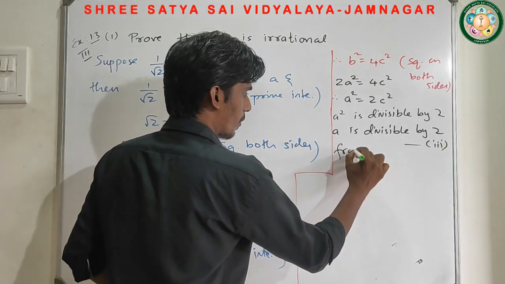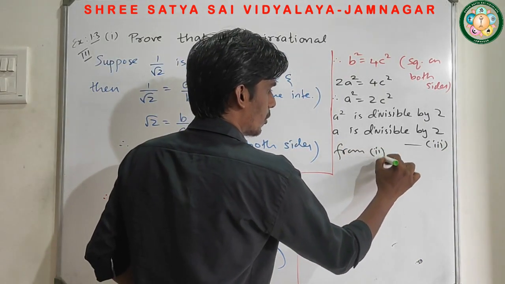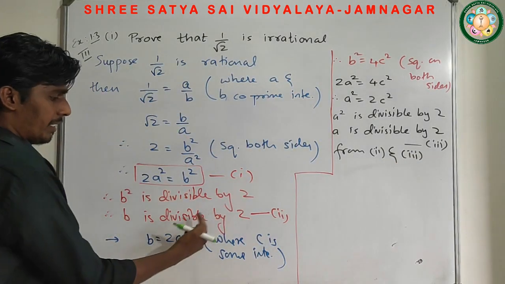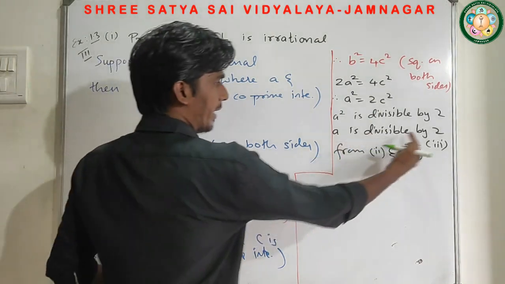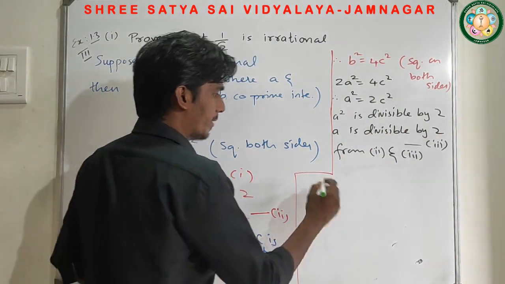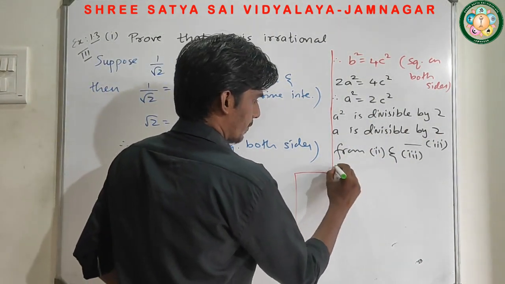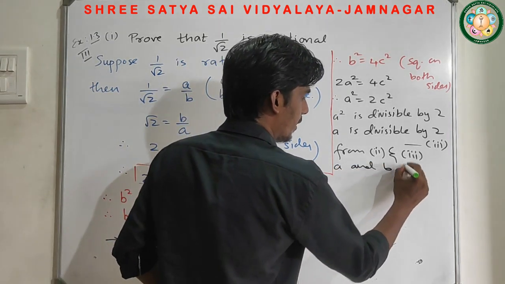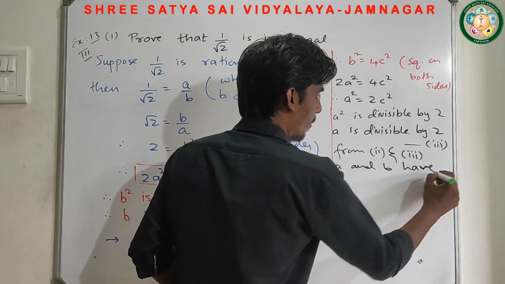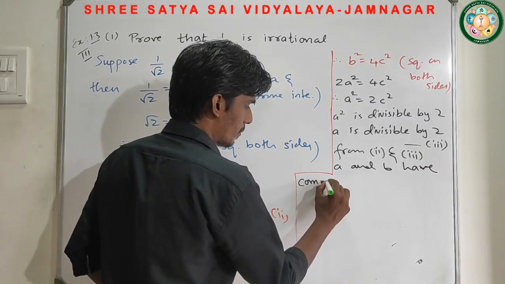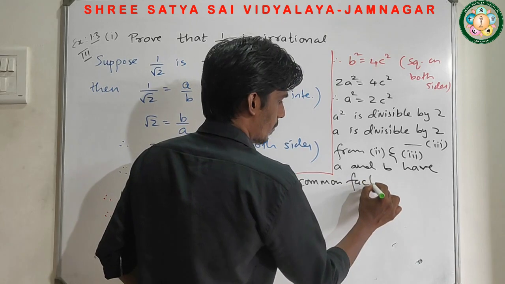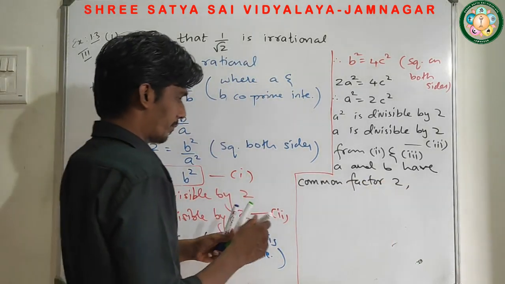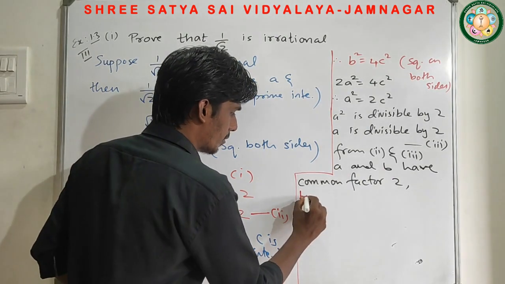So we can write from 2 and 3: b is divisible by 2 and a is divisible by 2. So we can write here a and b have common factor 2, but it contradicts our supposition.